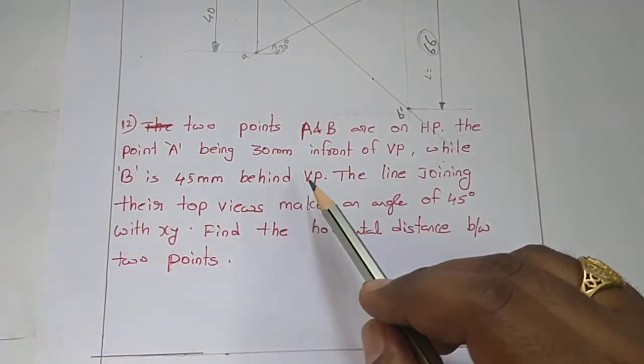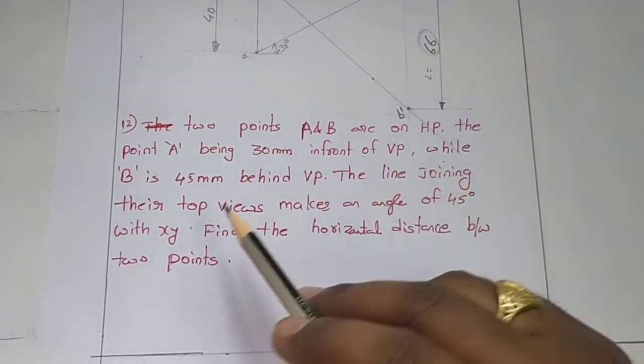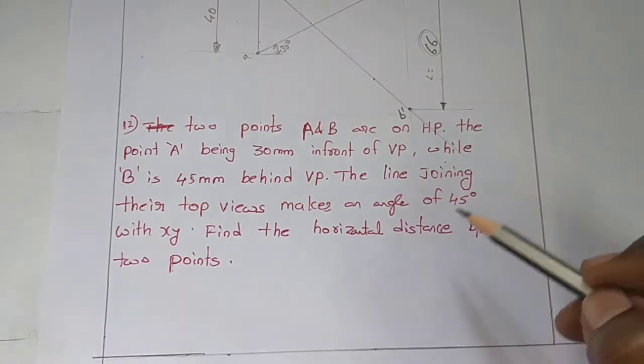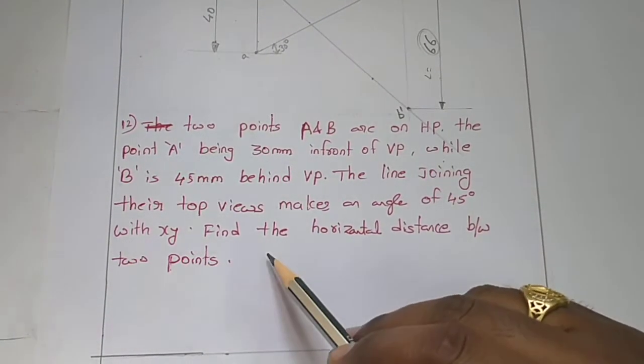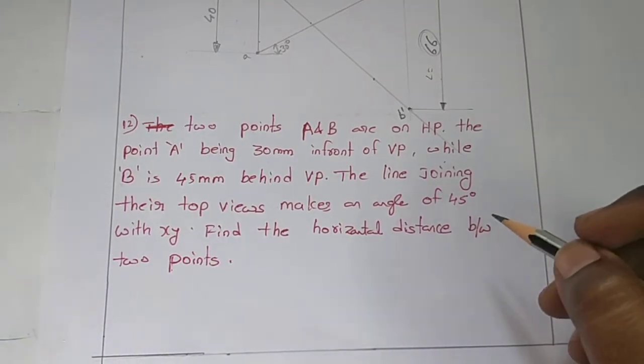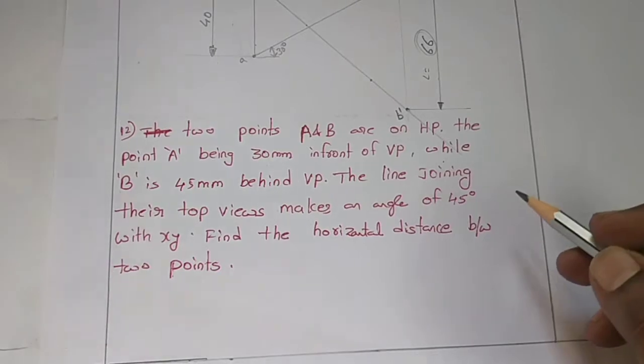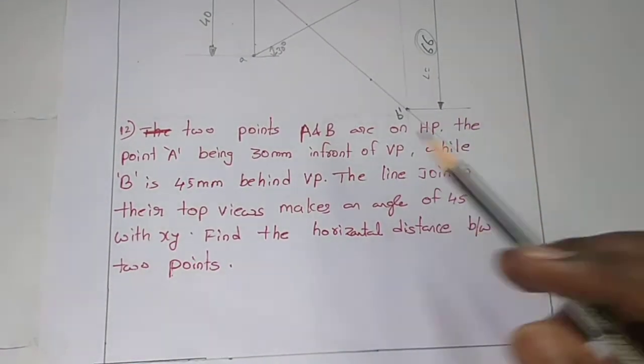Behind VP means it is the second quadrant. Next, the line joining the top views makes an angle of 45 degrees with XY. Find the horizontal distance between the 2 points. Here the distance between the 2 points is not given. We need to find the distance between the two projectors.